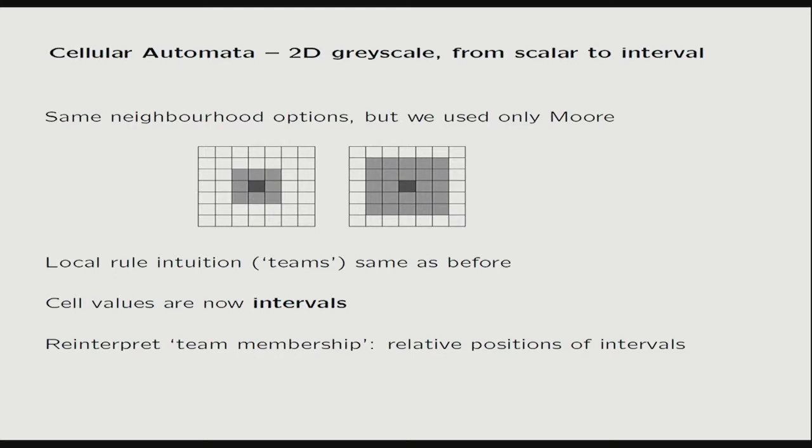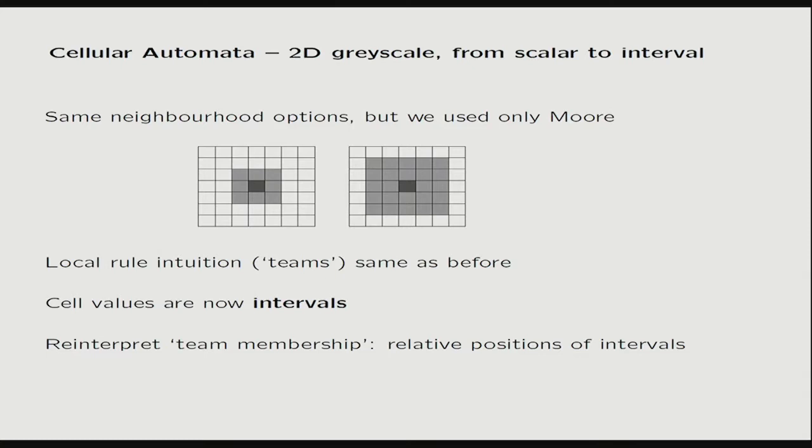So what we do instead is we say our team is a range, an interval that is between my value and your value, and let's see if we can co-opt others to come into this range. So instead of keeping a single scalar for this, we now keep an interval, and we have to now reinterpret what it means to be in the same team.